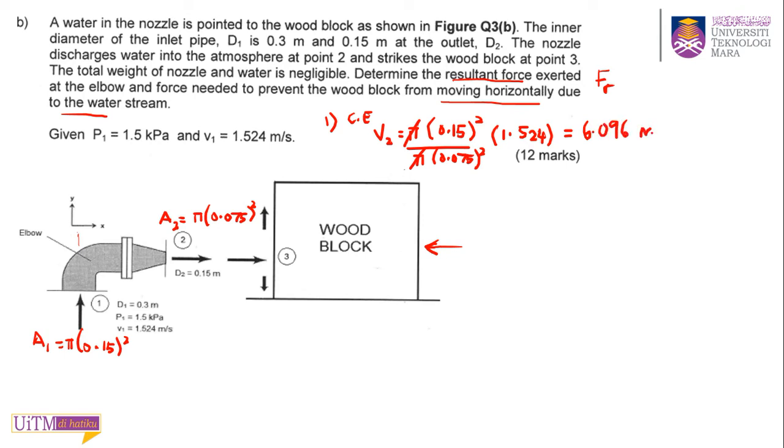Okay, meter per second. And you have V and you have A, that means you can find Q. Find Q. Q is A times V. Just take any point, point 1 or point 2. If A1, then V1. If you take point 2, then A2 and V2. So what is Q?